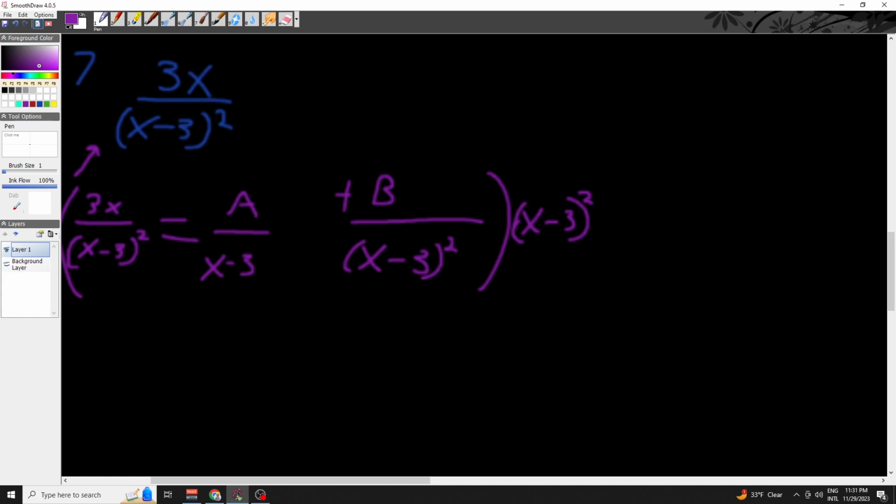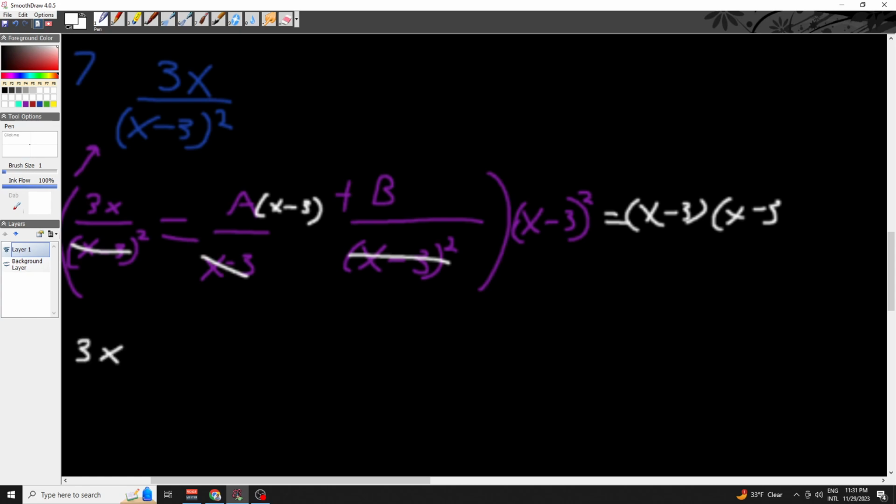And that gets rid of this, and since x minus 3 squared is essentially just x minus 3 times x minus 3, it gets rid of this and just adds on another x minus 3 up here. So essentially our new equation is going to be 3x is equal to a times x minus 3 plus b.